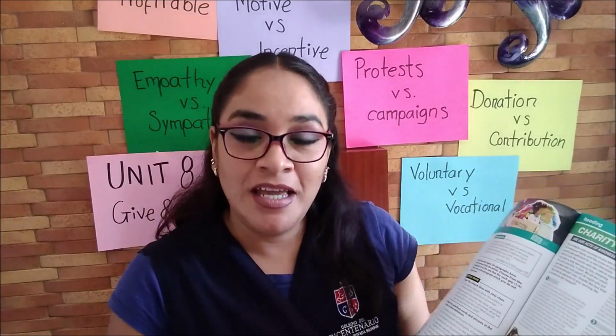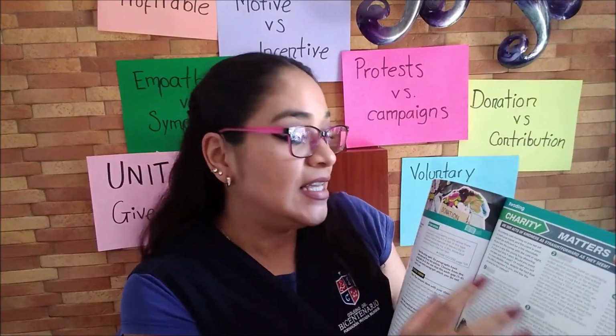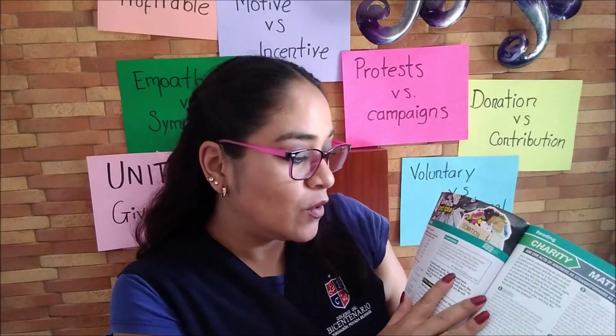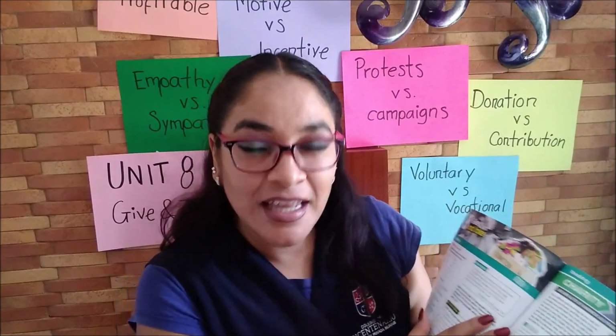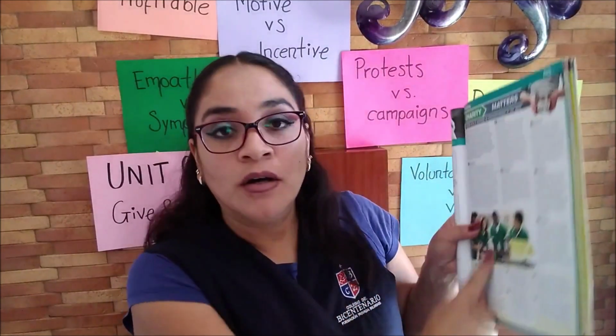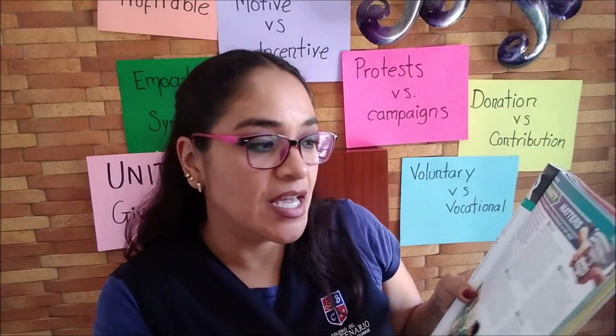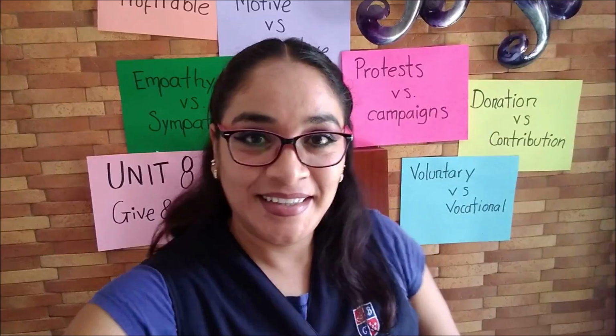If you need more information about how to complete these kinds of exercises, you can go to page 129 and read a little bit more. I'm going to play the audio, and so please read along to Charity Matters, that's our text, and then we're going to do some activities with it.